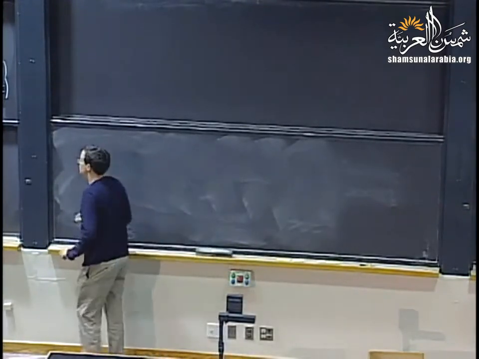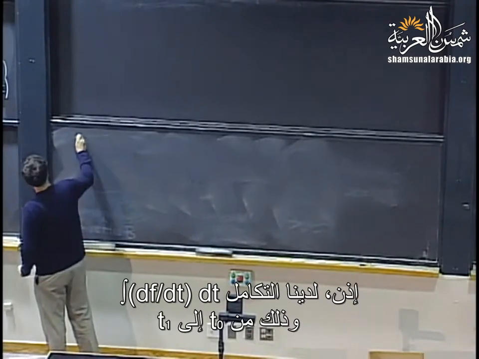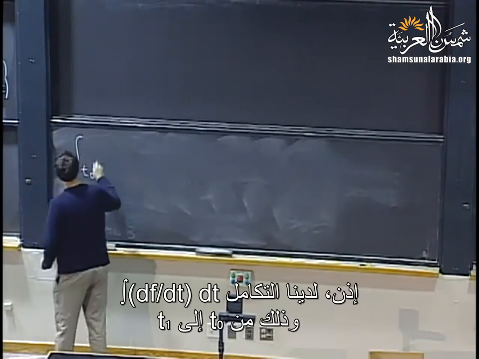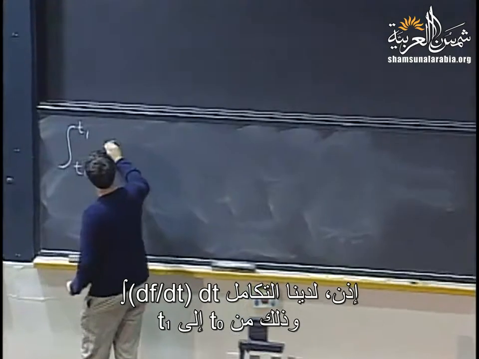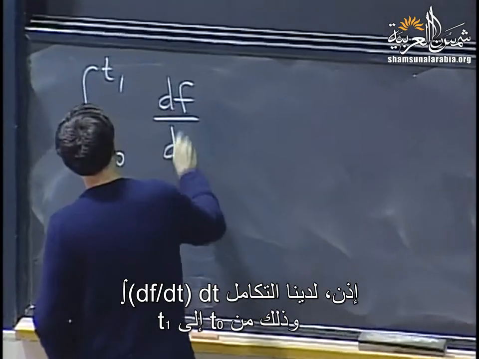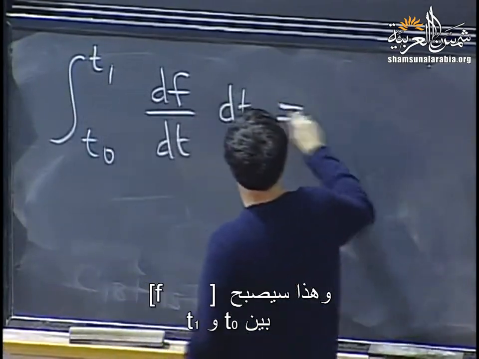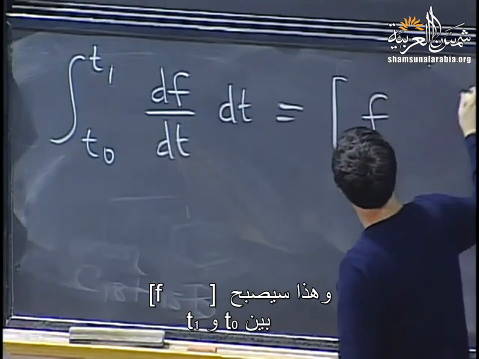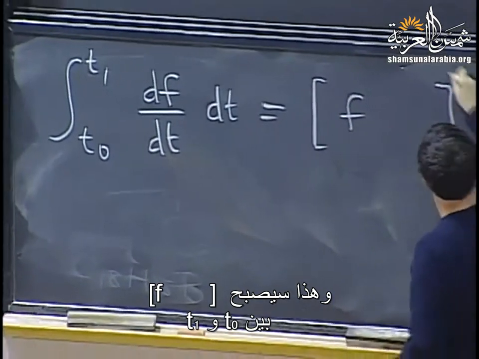So the integral from t0 to t1 of df/dt dt becomes f between t0 and t1.